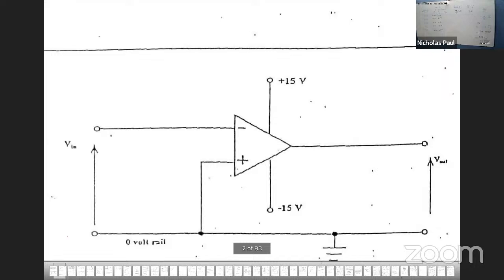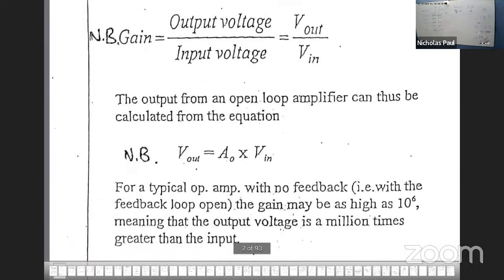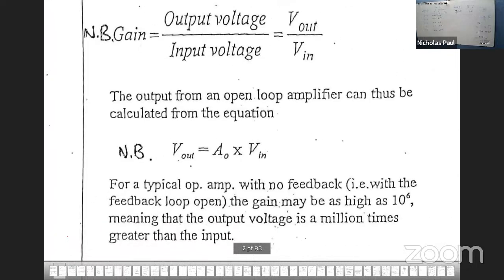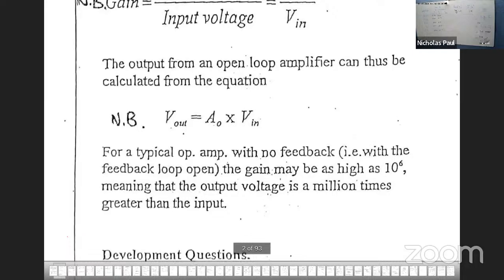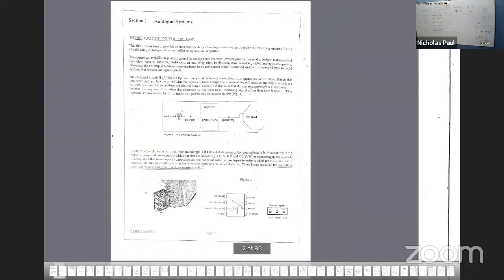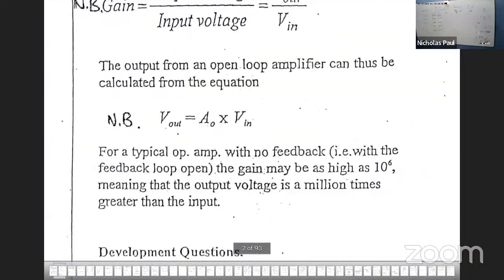Output connected to the input. Right? So if you look here, gain is output over input, right? And the output of an open loop amplifier, that's the example that we have there. So write open loop amplifier. The output of the open loop amplifier can be calculated using V out is equal to gain by V in.